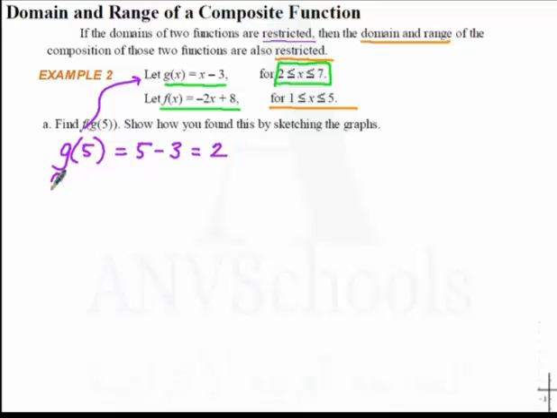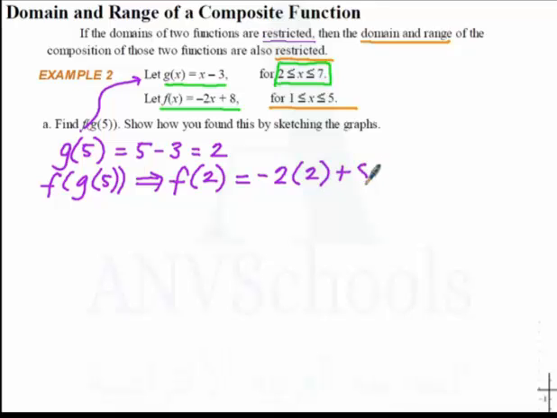So our f of g of 5 is just equal to f of 2, substituting 2 to our x, which will give us negative 4 plus 8, which is equal to the value of 4.